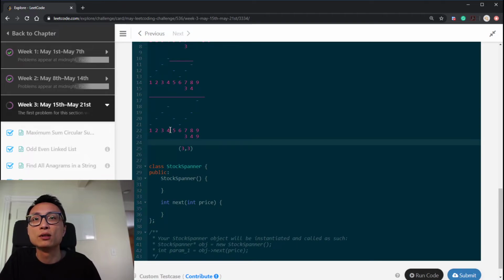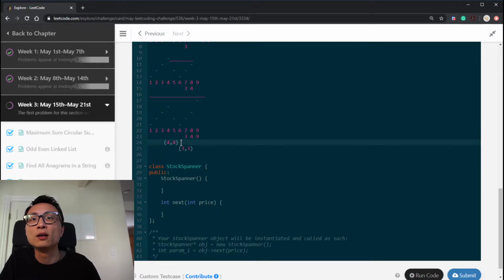Another example: if we are at day 4, instead of keeping track of day 1, day 2, day 3, day 4, we compress this upward trend to be day 4's price, which is 4, and it also has 4 days. Whenever we have a downward trend, we can't compress anymore because those downwards are doing resets.